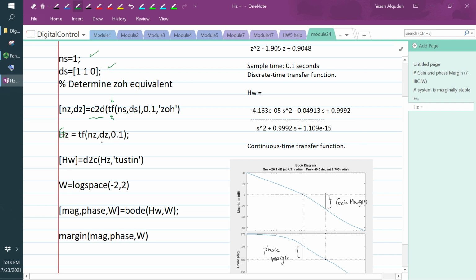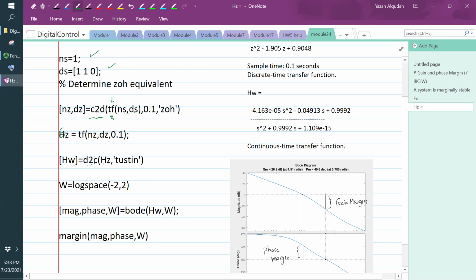Then I can transform this to the W plane by doing D2C, HZ, TUS, TN. This gives me HW, and then I can use that to plot the Bode plots.